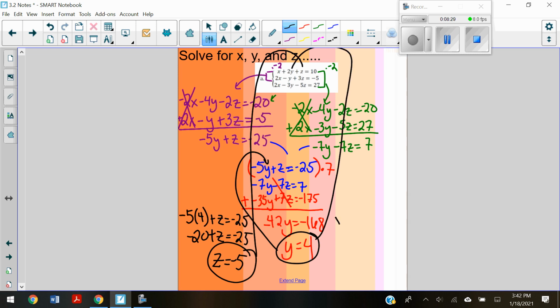So I have x plus 2 times y, which is 4, plus z, which is negative 5, equals 10. So I get x plus 8 minus 5 equals 10. All right, 8 minus 5 gives me 3, so x plus 3 equals 10. So my x has to equal 7.